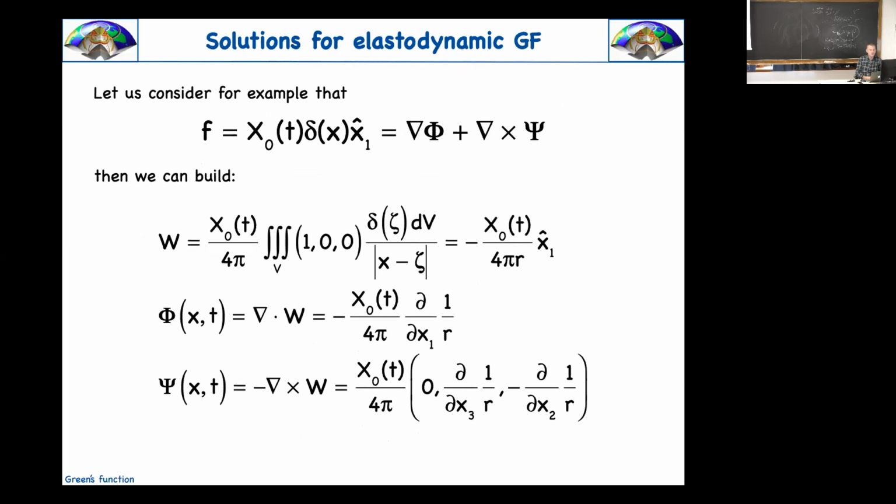Let's consider one example, just to see the logic applied to a specific case. Let's imagine that our f is now a function of t, applied somewhere in x, maybe at the origin, and applied along the x direction.